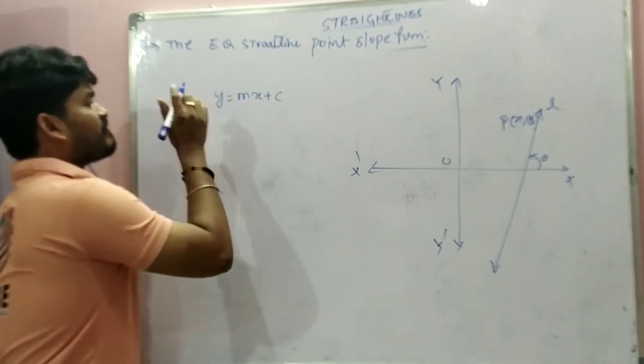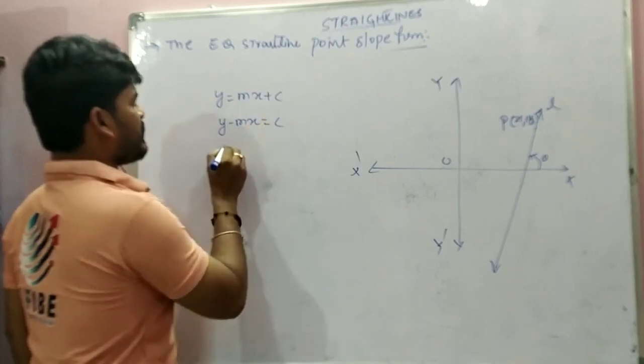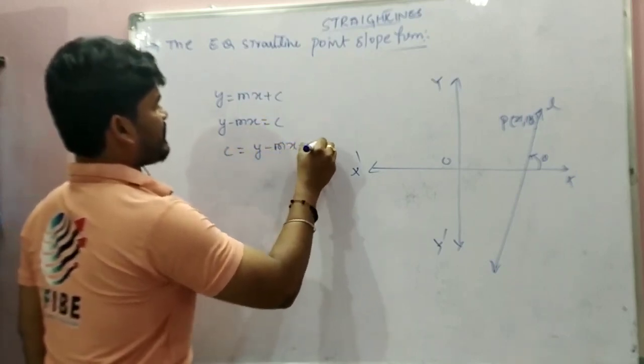From this equation, y minus mx equals c, so c = y - mx. Assume this is equation 1.